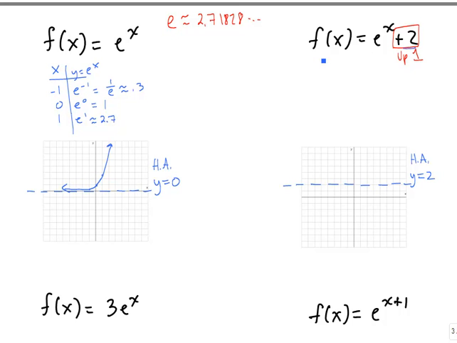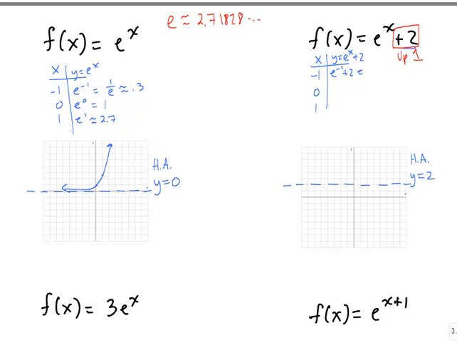If you wanted to start from scratch, you would just make your table and use negative 1, 0, and 1. I'm always using the same 3 inputs for my x for every single one of these problems. So let's plug in negative 1. If I plug in negative 1, e to the negative 1, remember, is the same as about 1/3.